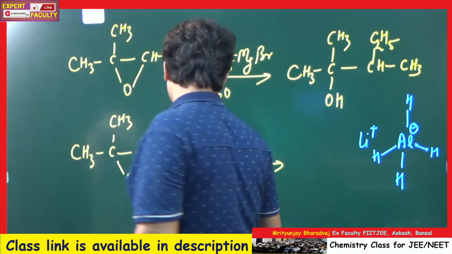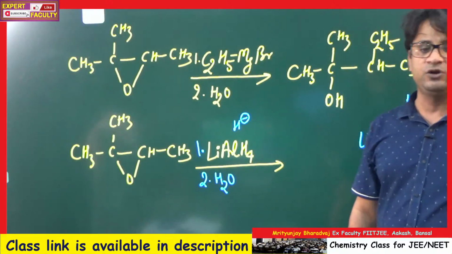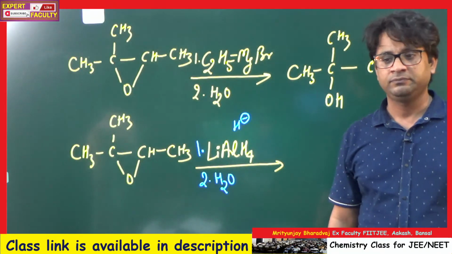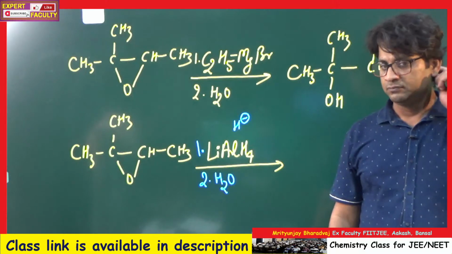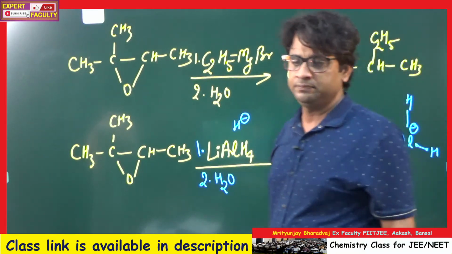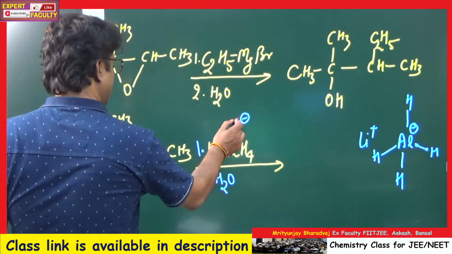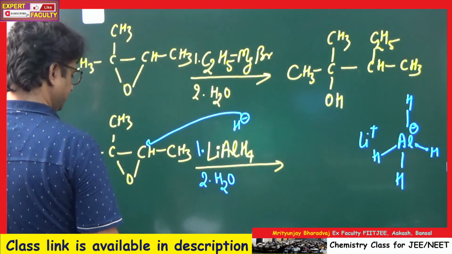Okay, so the first reagent is LiAlH4. It will give H minus. H minus will have a nucleophilic attack. On which carbon will it have the nucleophilic attack? Right side. Yes, this will have nucleophilic attack on this carbon.